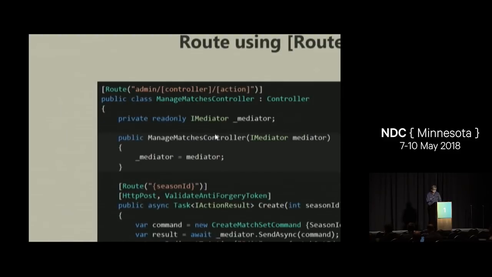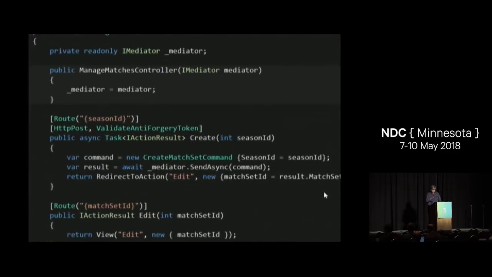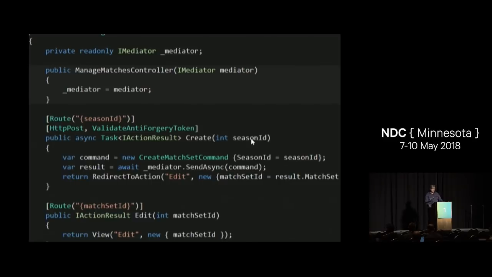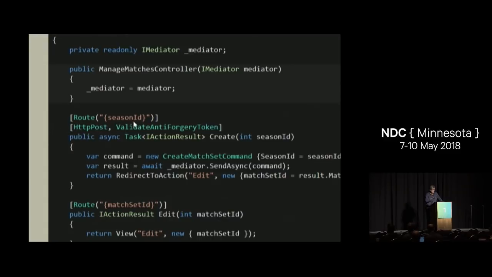And I don't know if you've ever worked on one of those MVC projects where every single action parameter was named ID. Have you ever done that? Even if it was something like invoice date, right? Someone's passing in an invoice date and they'll still call it ID. Drives me insane. So the route attributes also encourage people to think about the parameter names and what they should be called for the actual action.